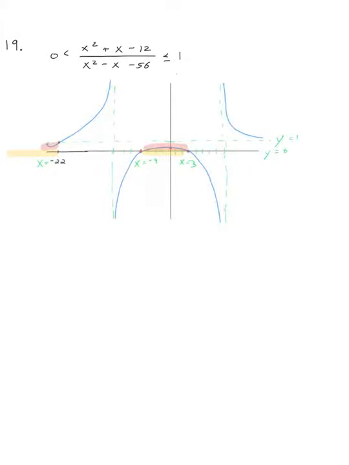And I just have to be careful about what values I am or am not including. So starting with this piece over here, since there's an equal sign on the 1, I actually would like to include this -22. So the first part of my answer is -infinity to -22. And then I would like to go from -4 to +3. But I'm not going to include either of those values because they actually equal 0 at those two numbers. And this is my answer.